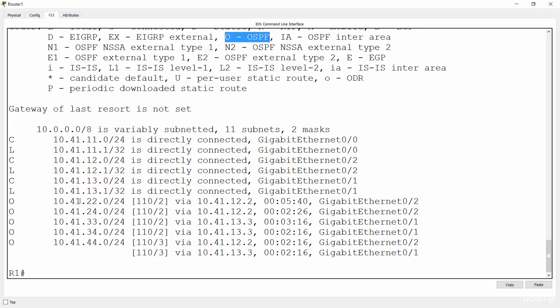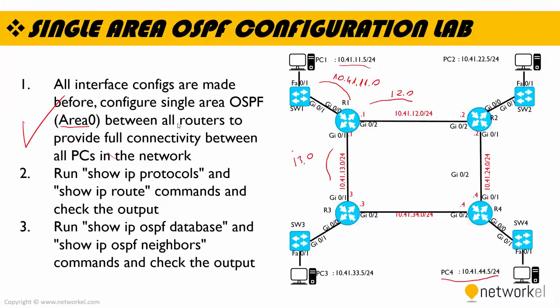I don't know these ones first-hand, but I learned them via the other routers that are using the OSPF protocol too. Alright, my second step is also accomplished.